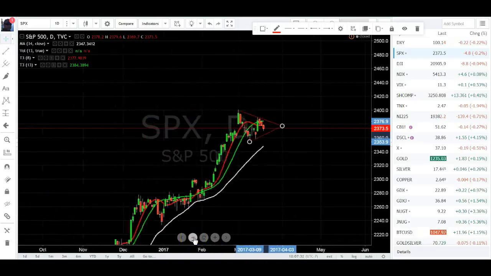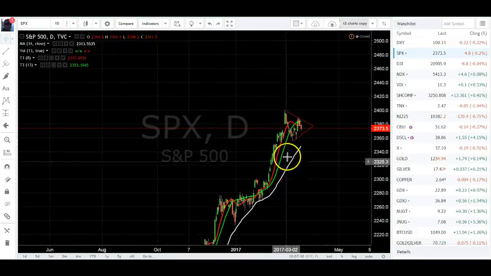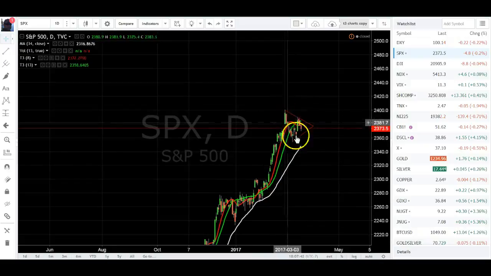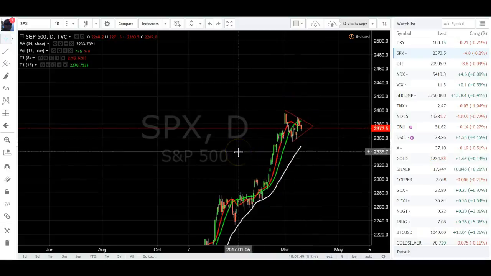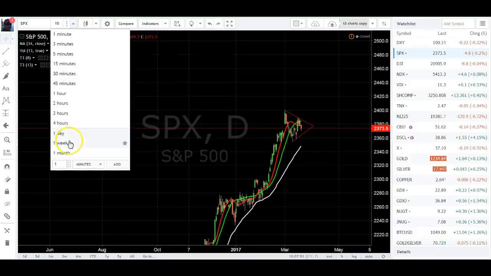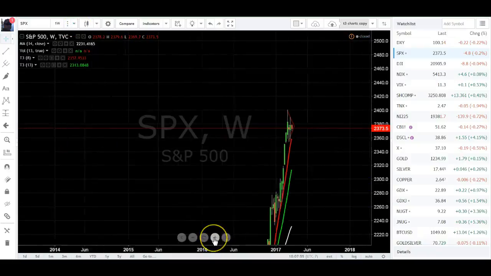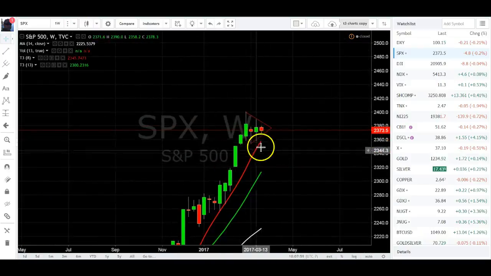Let's see what's going on here. Close and close and closer. Those steep lines of support, you can see how they're just getting rejected, slicing through on the way down. So far for the week, just hanging 10 above the EMA 8.